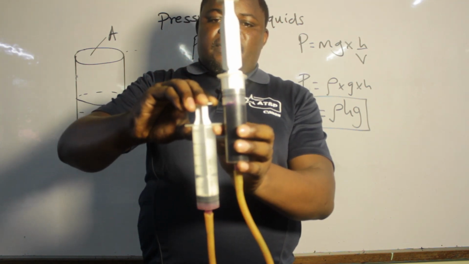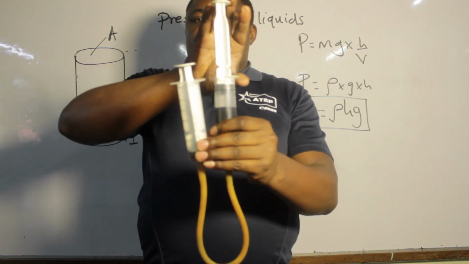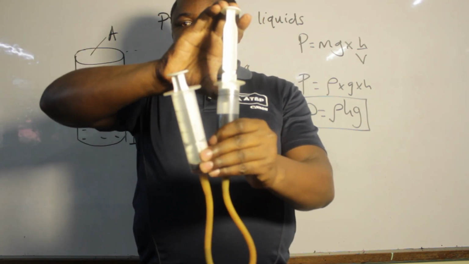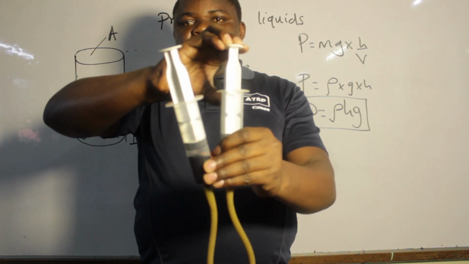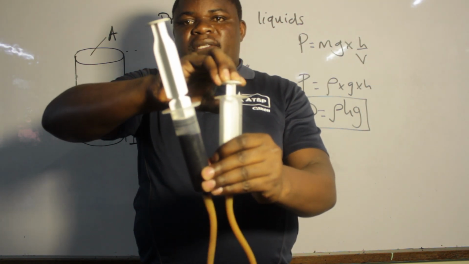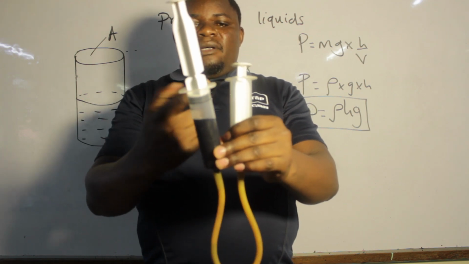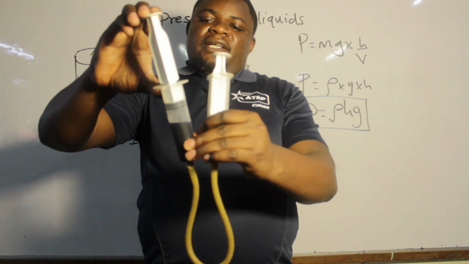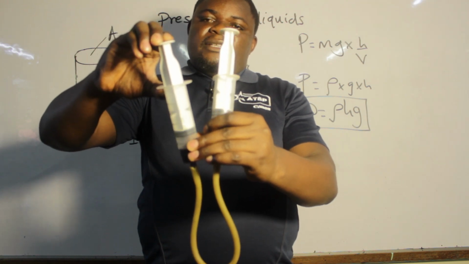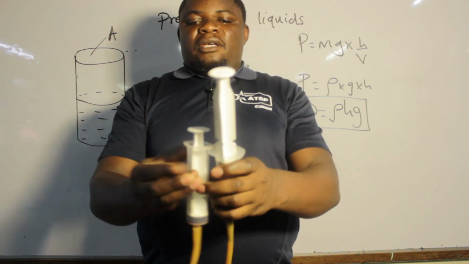I can also do the opposite, where I exert a force here on this piston, and then on the other side we have the other tube rising. So simply the pressure is being transmitted from this side to the other side.